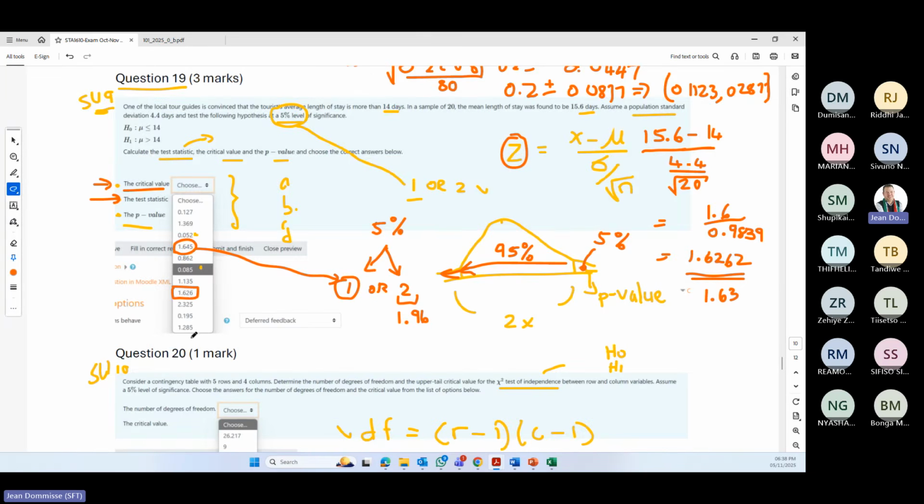So let's see, 0.0516, and if we round that off, 0.05.